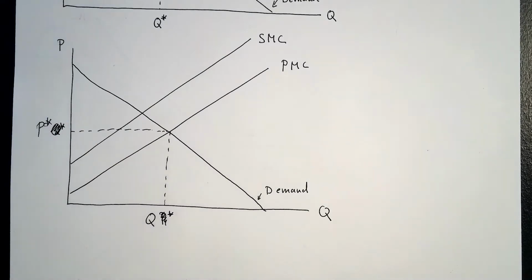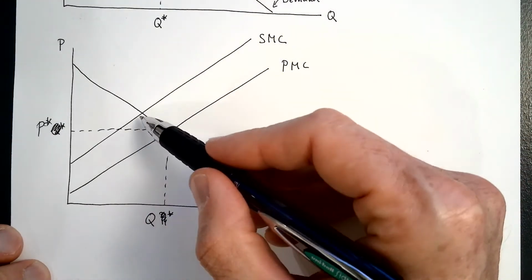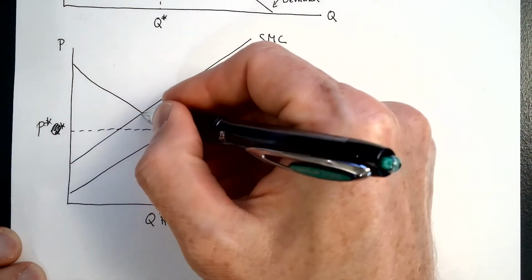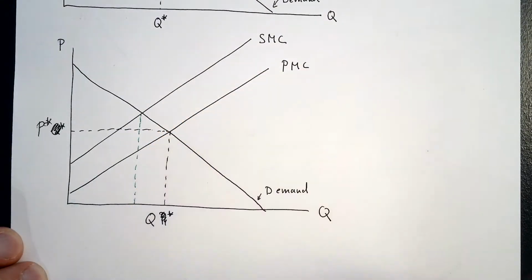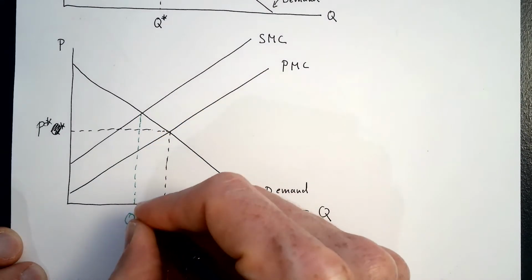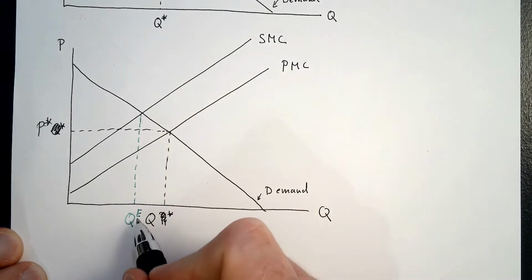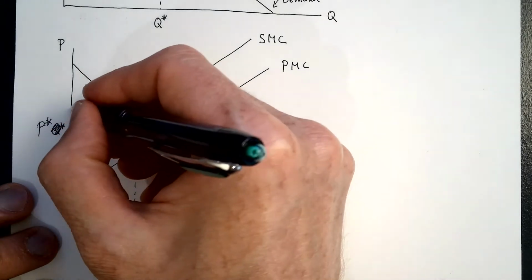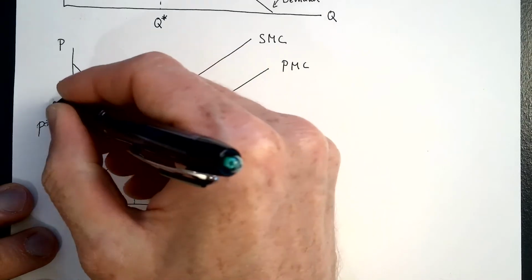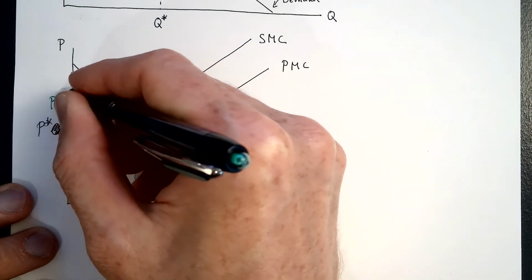What we will see next is that the efficient market outcome would be at QE. I call this QE for efficient, or the efficient quantity, and also the efficient price.